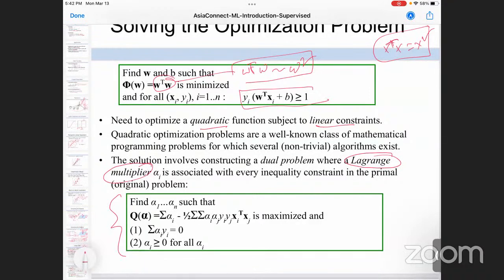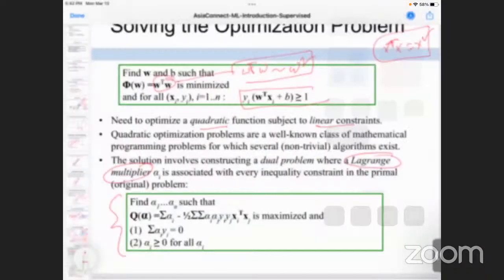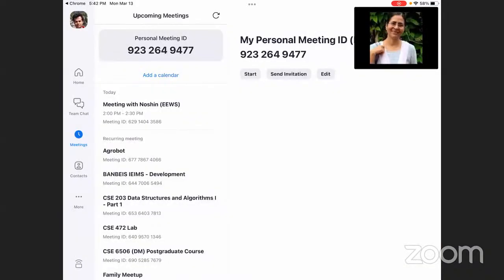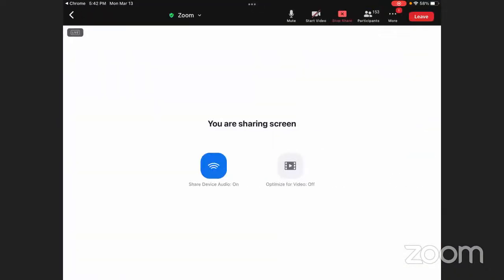Can the participants please write yes or no? Because this is a little bit mathematical, otherwise I'll go just with an overview.